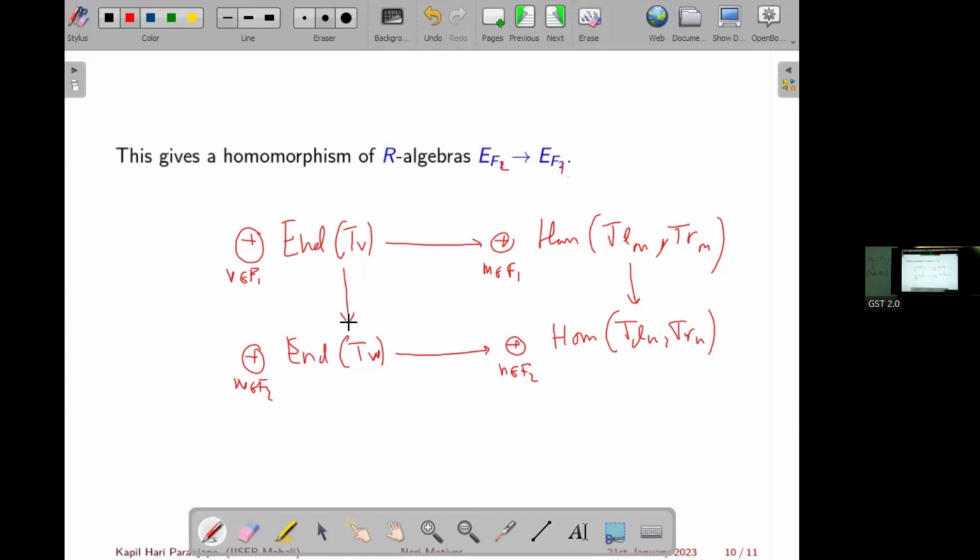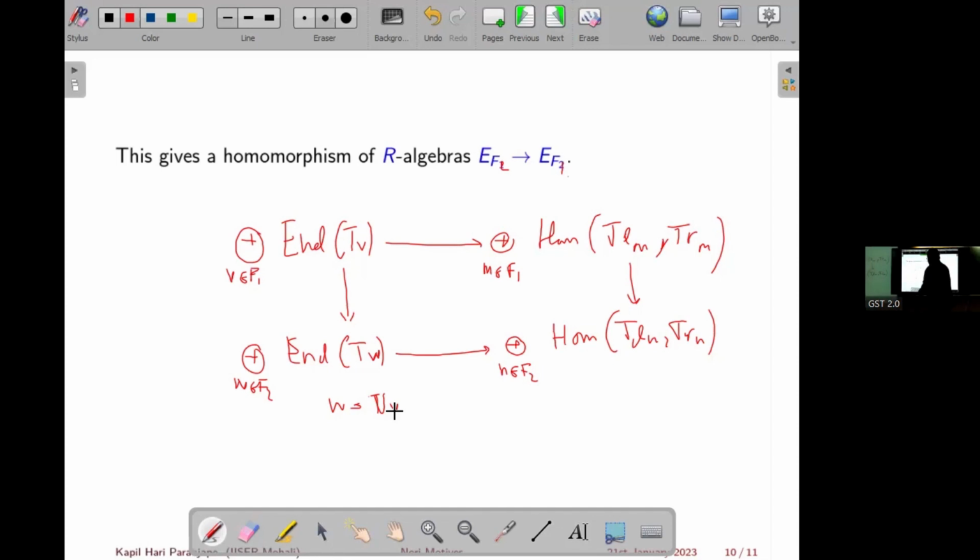So the point is that this vertical component, when W is equal to U of V, is actually the same component as that one. And similarly on this side.